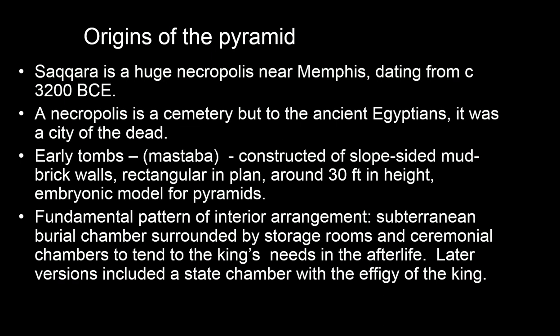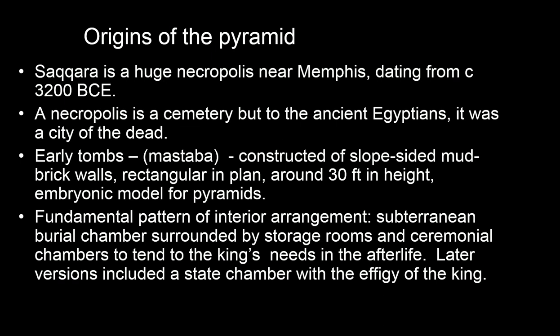So let's take a look at a place called Saqqara, which is a huge necropolis near Memphis, and it dates back to the very beginnings of Egyptian civilization, about 3200 BCE. One of the things that I don't know if you guys are aware of is the word necropolis. Necros, the dead, polis, city.